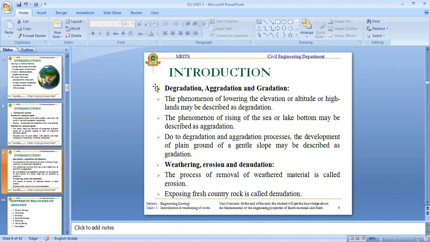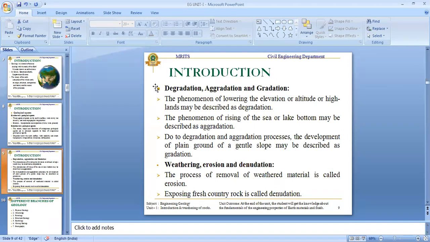So that making of slope is the degradation process. And aggradation means the removed particles from the hills are transferred to the low lying areas.